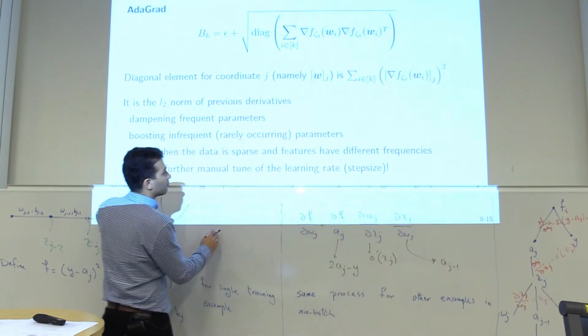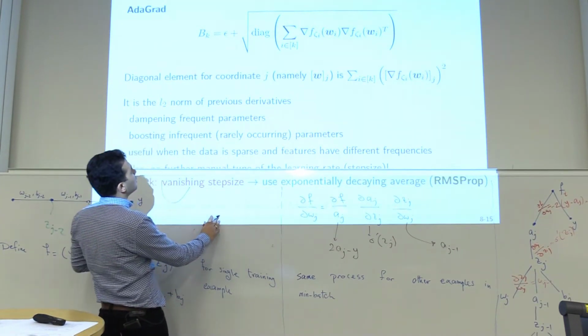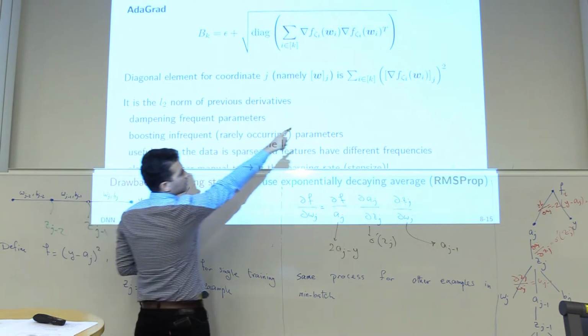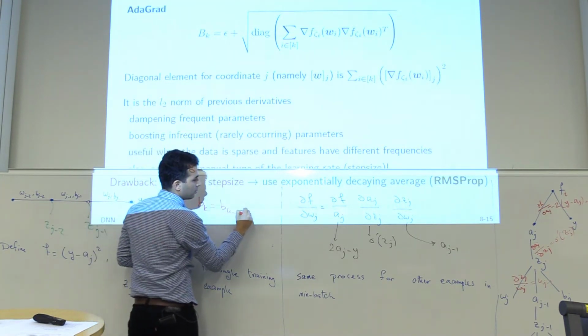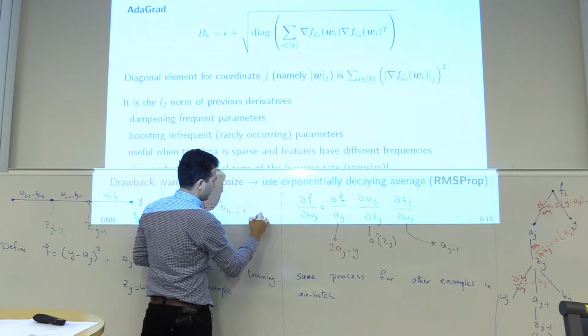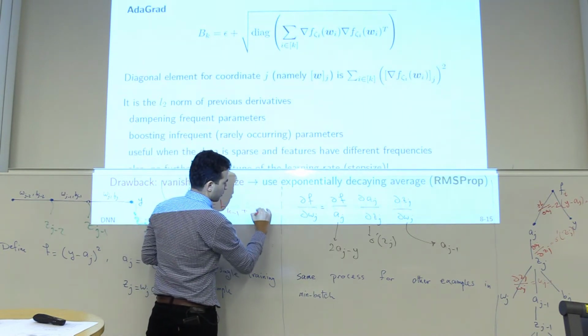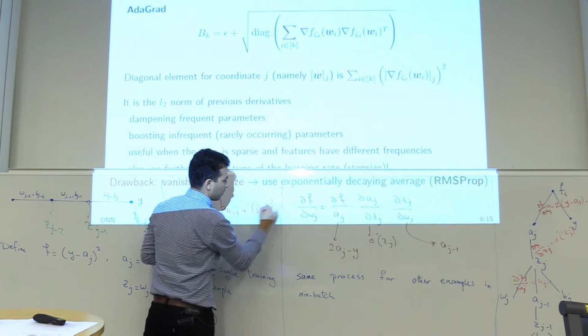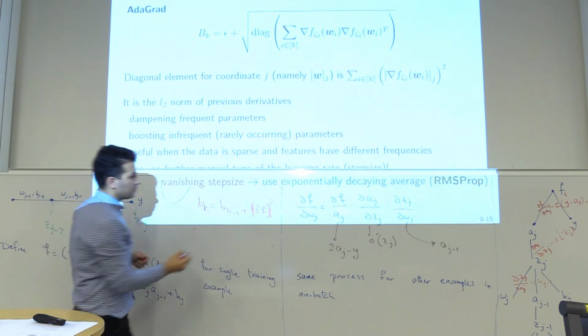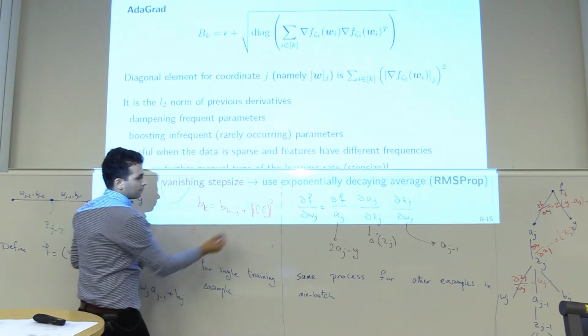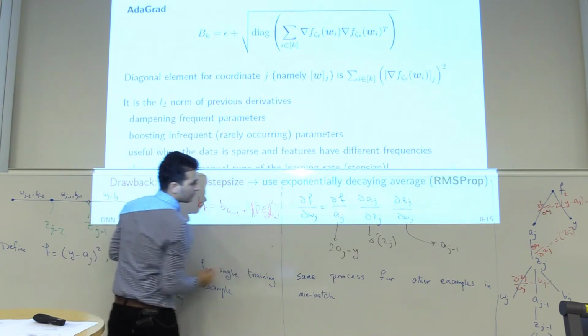I'm calling this summation B. So b_k in this case is b_{k-1} plus the new gradient, the norm of the gradient of f squared. This is the meaning of that at point k. That should be the gradient of f at w_k.